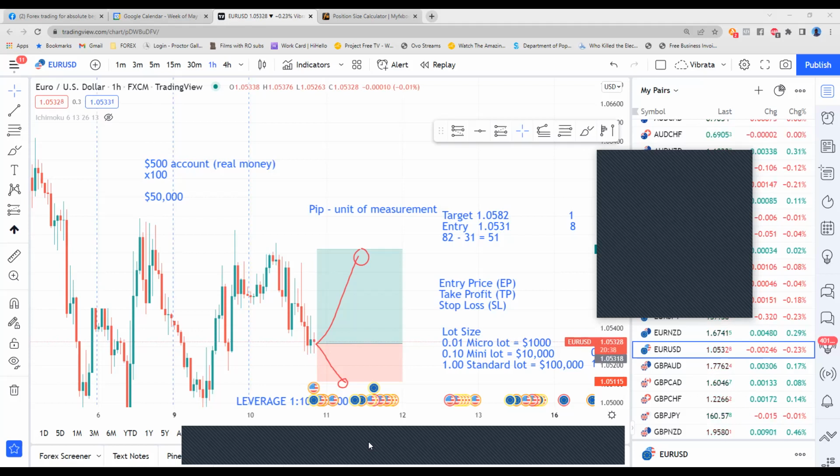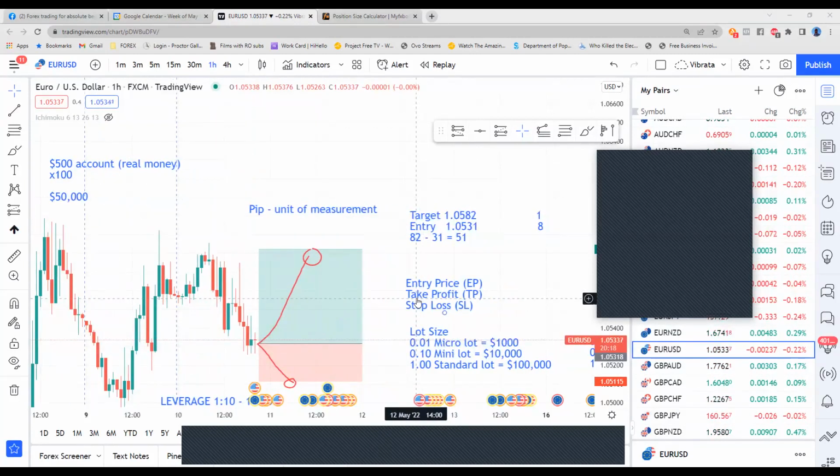There we go. The correct answer is 5%. So $500, if you made $50, that's 10%. So $25 is 5%. So now you see, guys, how we can make money trading on fractions of cents.